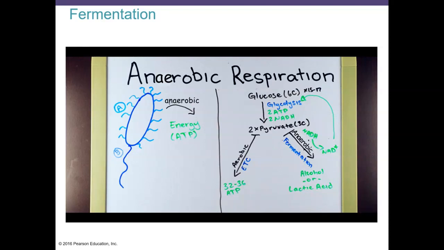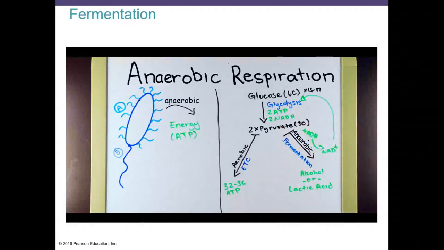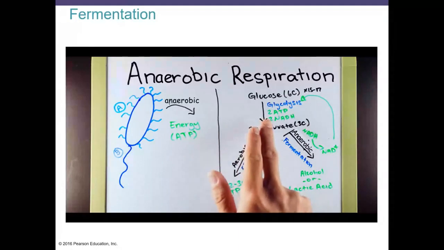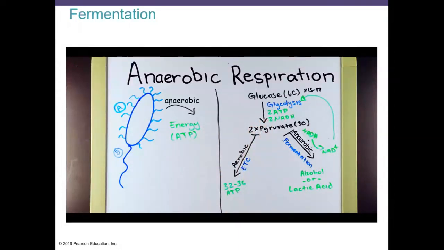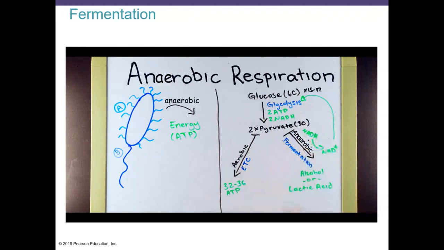And the most efficient way to do this is to recycle the NADH that it's not using and put it through glycolysis again, because it is a reactant in the glycolysis process when the bacteria finally makes the 2 ATP. But of course, for any one cycle of aerobic or anaerobic respiration, the aerobic will always create more ATP. But because this isn't available to the anaerobe, it has to go through this process.